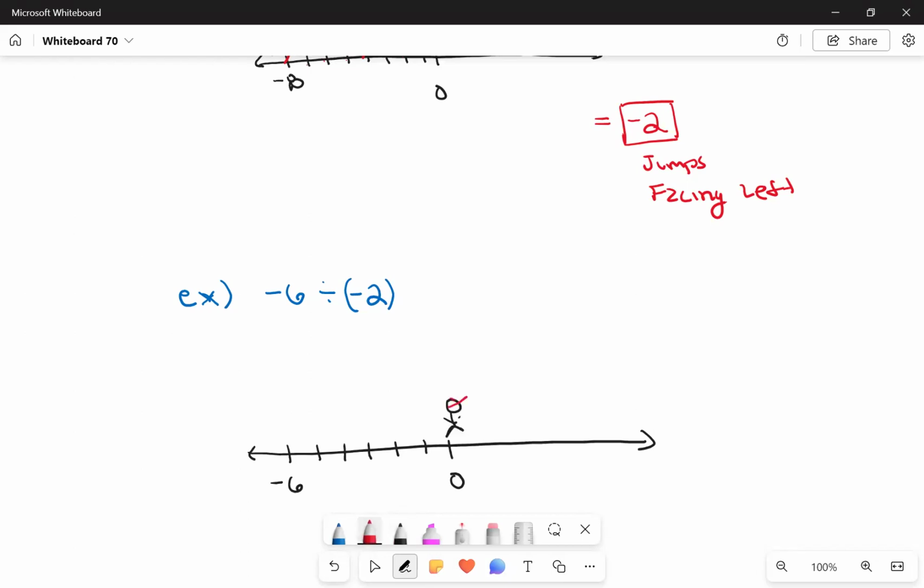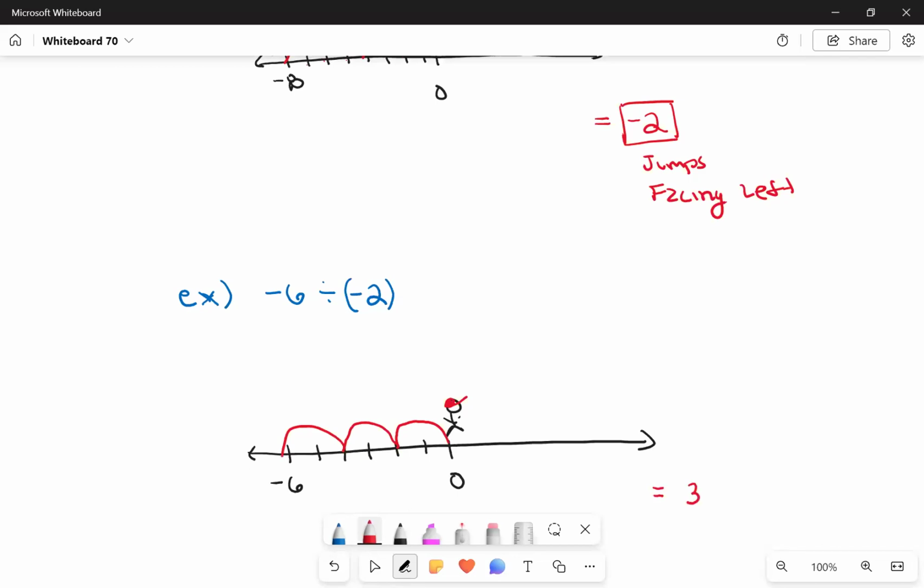Okay, so in this case, he's facing away from the 6 and going to be jumping backwards. So we're going to make backwards jumps of 2. 1, 2, 3. And we ended up with 3 total jumps.